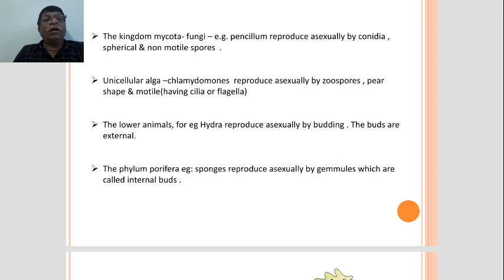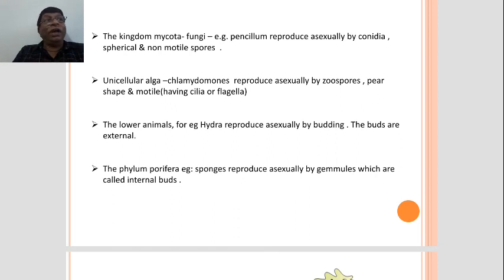Conidia are spherical in shape and they are non-motile spores. Some of the fungi like Penicillium, even Rhizopus and Mucor, reproduce by the formation of spores.